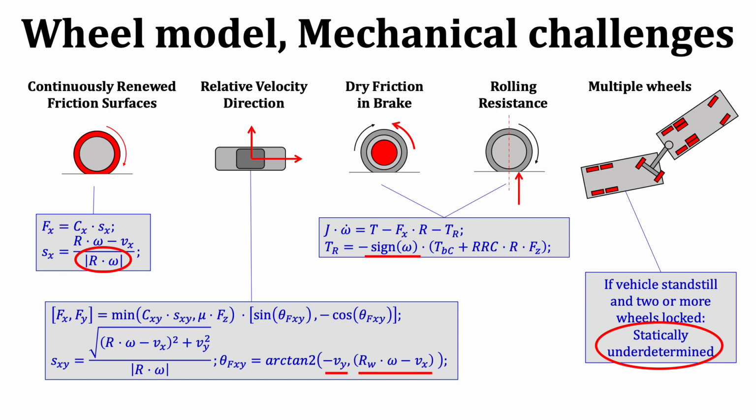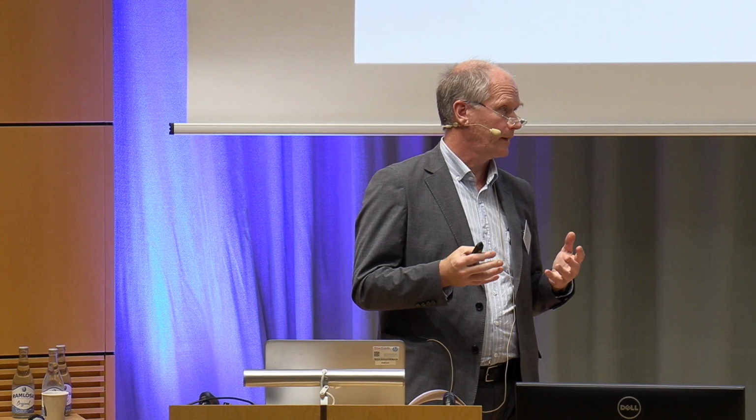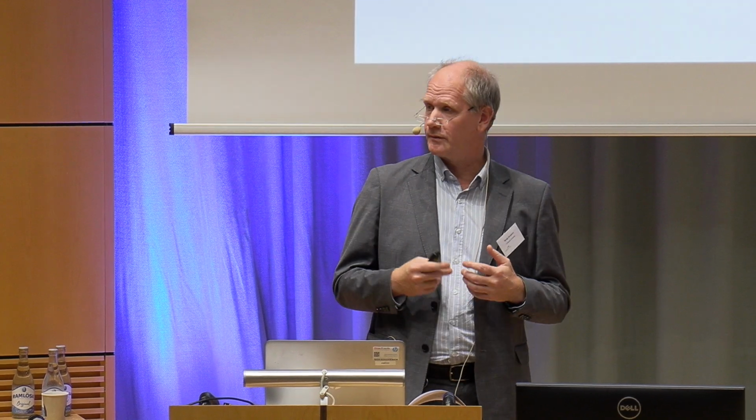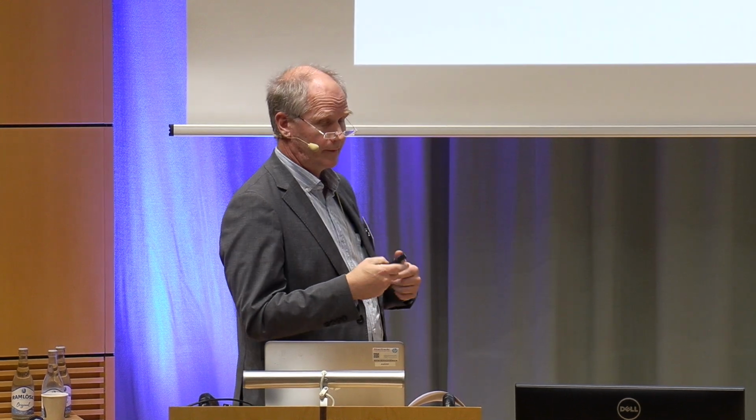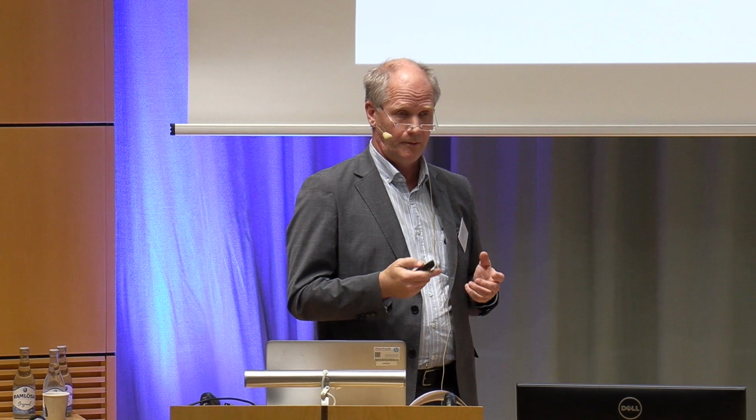It's singular. These two are very similar. This is the brake disc, and this is the rolling resistance. Rolling resistance is kind of well established, accepted that it's counter-directed to rotational speed. So I would say here we have some kind of signum of speed.